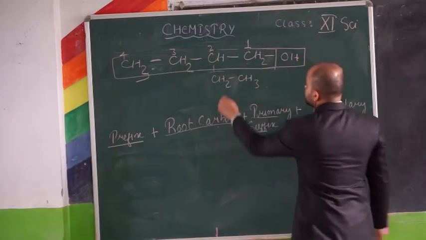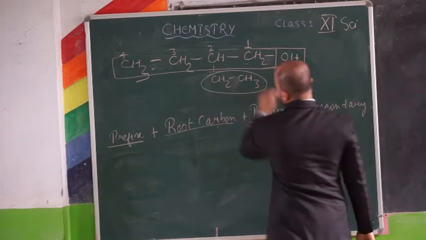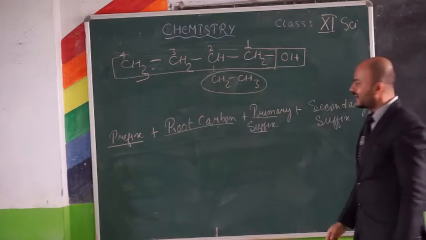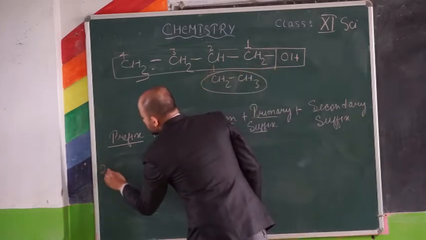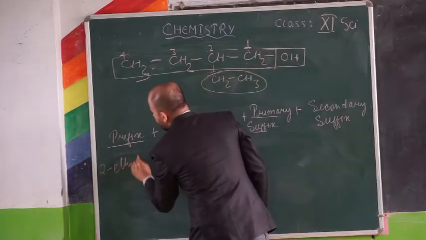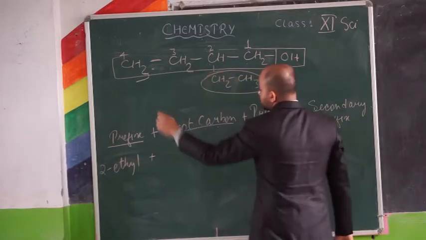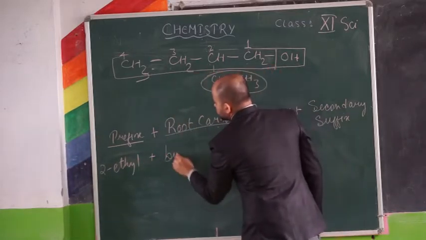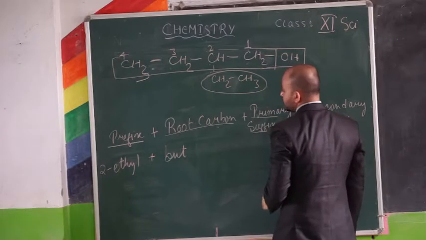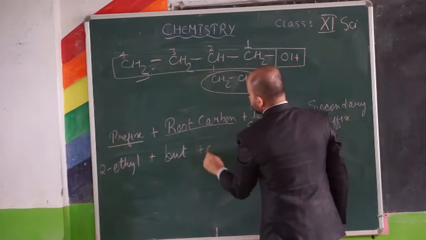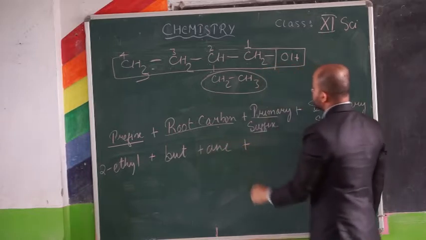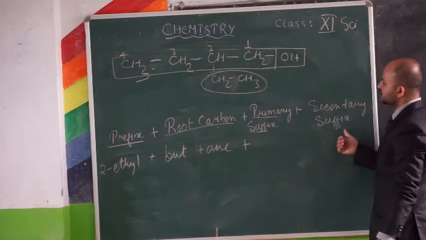Now, this CH2CH3 is what? Ethyl. At which carbon is it present? 2-ethyl, plus the root, carbon count is 4, so but. Then you have the primary suffix. The primary suffix, you see, is all single bonds, so ane. Now here you have a secondary suffix also.